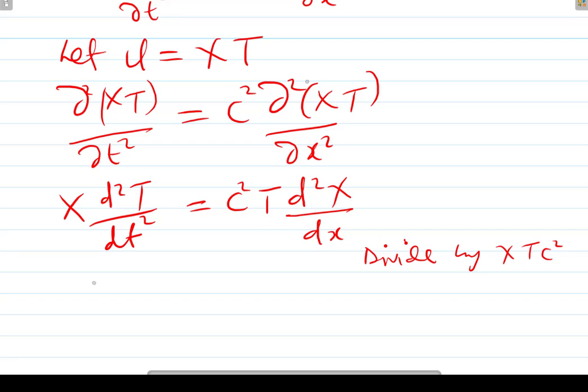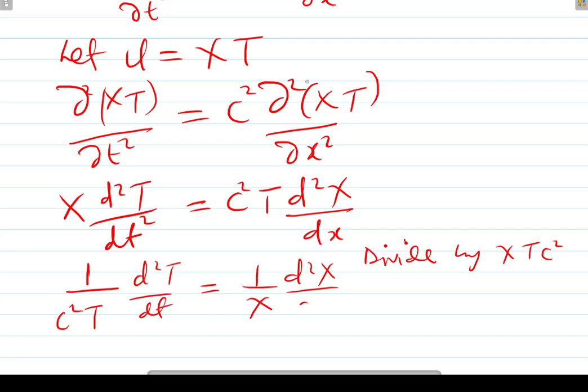Once we do that, it means that now here it would be T''/(c² T) equals 1 over X times X'', squared like this.